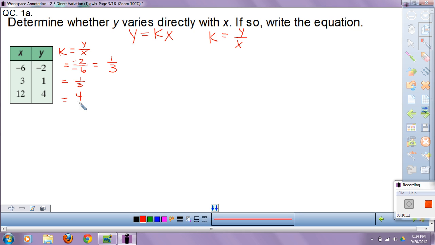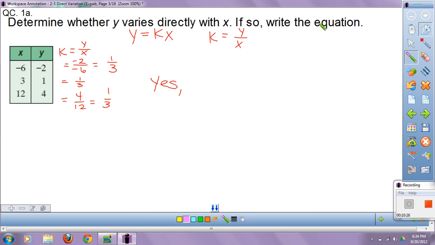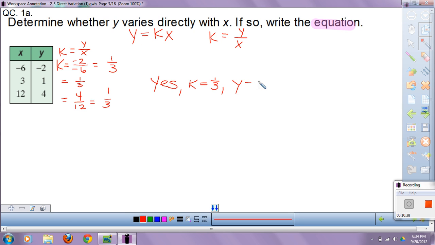And finally, y 4 divided by x 12 also simplifies to be 1/3. Therefore, our k is constant, 1/3, 1/3, 1/3. It is a direct variation, so yes. And if they had asked for the constant of variation, they didn't in this case. They just wanted the equation. If they had asked for the constant, though, your constant would just be k is 1/3. And therefore, your equation, y equals some number, that number being 1/3, y equals 1/3 x.